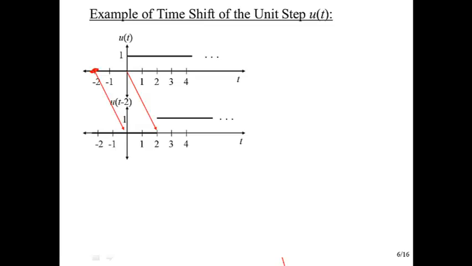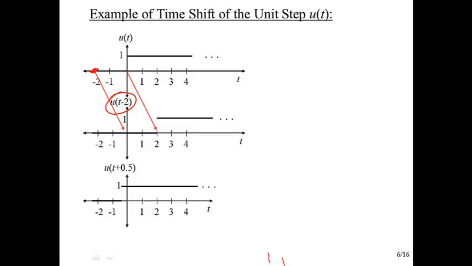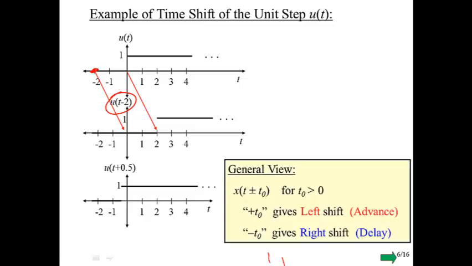So t minus 2, with 2 being positive, shifts to the right by 2. If we had t plus 0.5, that's t minus a negative 0.5, that shifts to the left. So when we let t0 be positive, it shifts to the right. When t0 is negative, it shifts to the left. This little box just summarizes what we've just discovered.